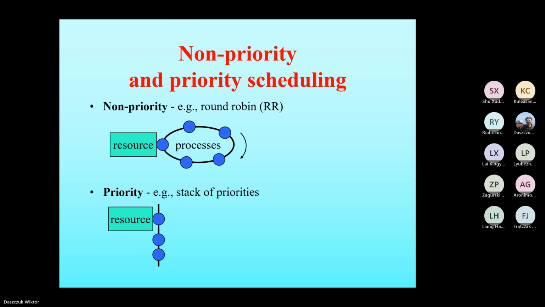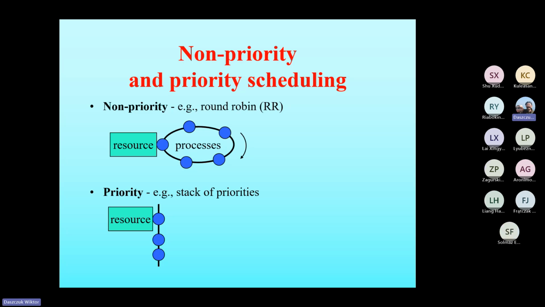For priority, we have a stack or, better, a queue. A stack is in Zilberschatz's book, but it's a prioritized queue. What is on the top gets the resource. If it stops for some reason, we take the next one and give it the resource.